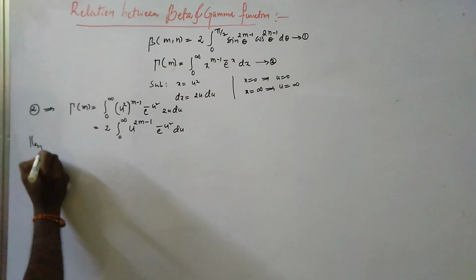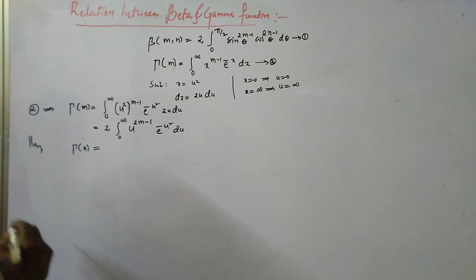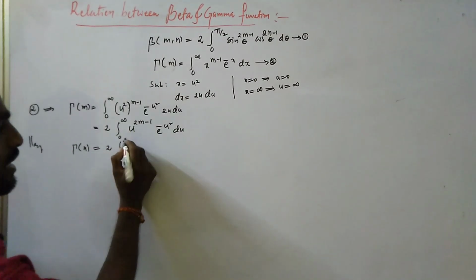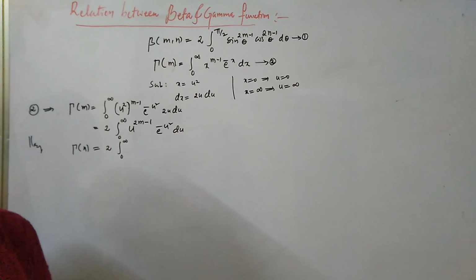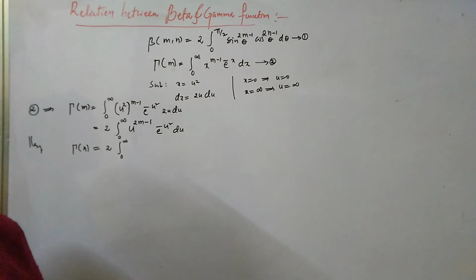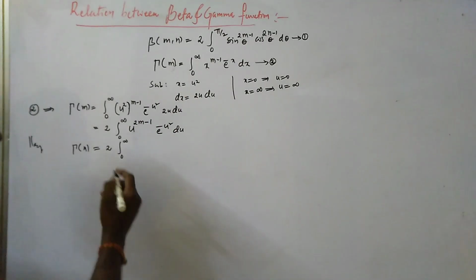Similarly, gamma of n can be written as 2 into integral 0 to infinity, expressed in terms of a new variable. It should not be u, so we take another one, v, since we already used x and u.